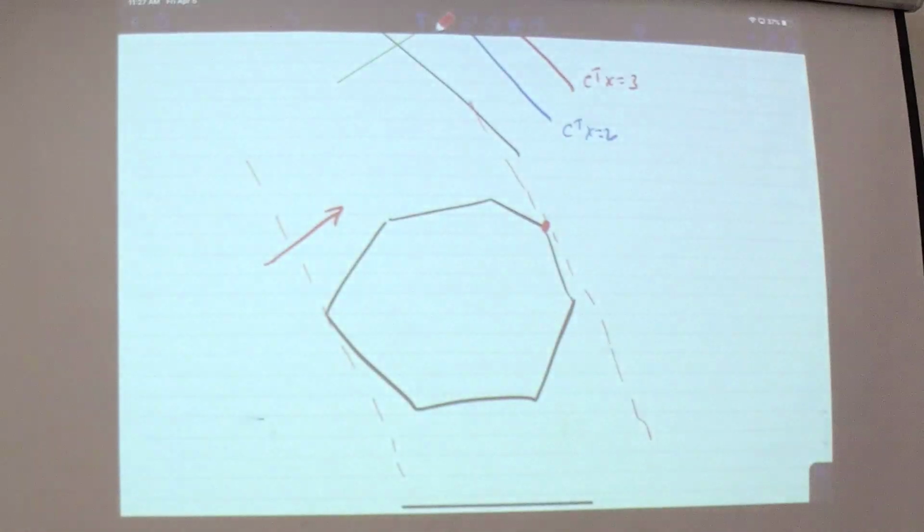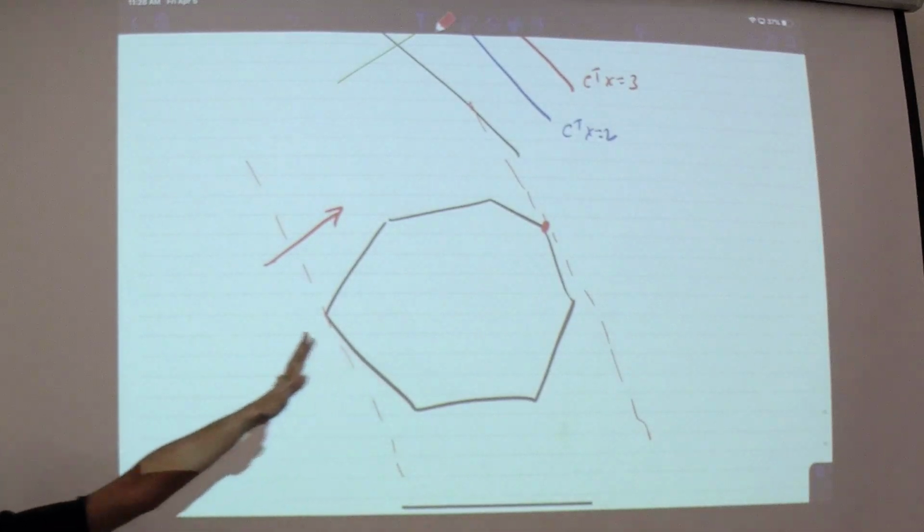It might again go along an edge, which is fine, but it includes the endpoints, or it might go on a plane, which is fine, but it still includes all the endpoints. You can show in general that for linear programming, the optimal solution is always achieved at an extreme point of the feasible region. It has to be one of those points. It's not going to be somewhere in the middle, for this reason alone.